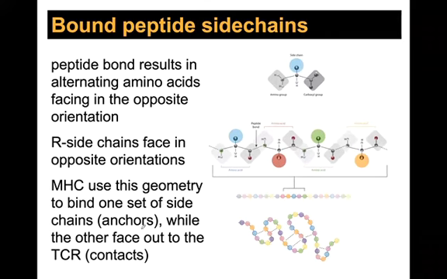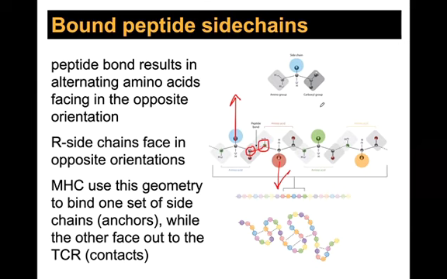So if you go back to biochemistry, when we look at peptide bonds, where there's a carboxy terminus and an amino terminus that form a bond, every other side chain is pointing in the opposite direction. Okay, and so if they're pointing into the MHC, it's an anchor residue.